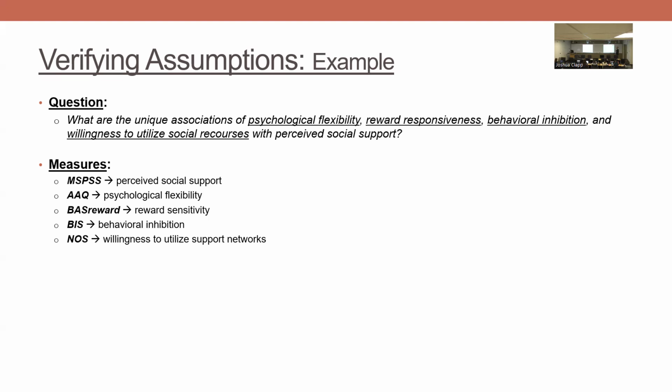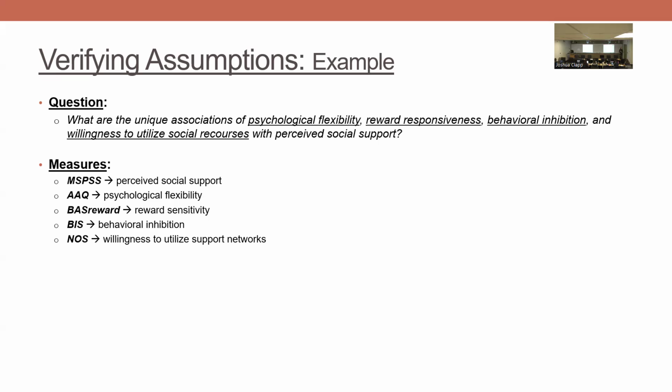We're setting up this regression model. We're interested in the unique associations of psychological flexibility, reward responsiveness, how jazzed we get about responding to good and rewarding stimuli, behavioral inhibition, and willingness to utilize social resources on perceived social support.